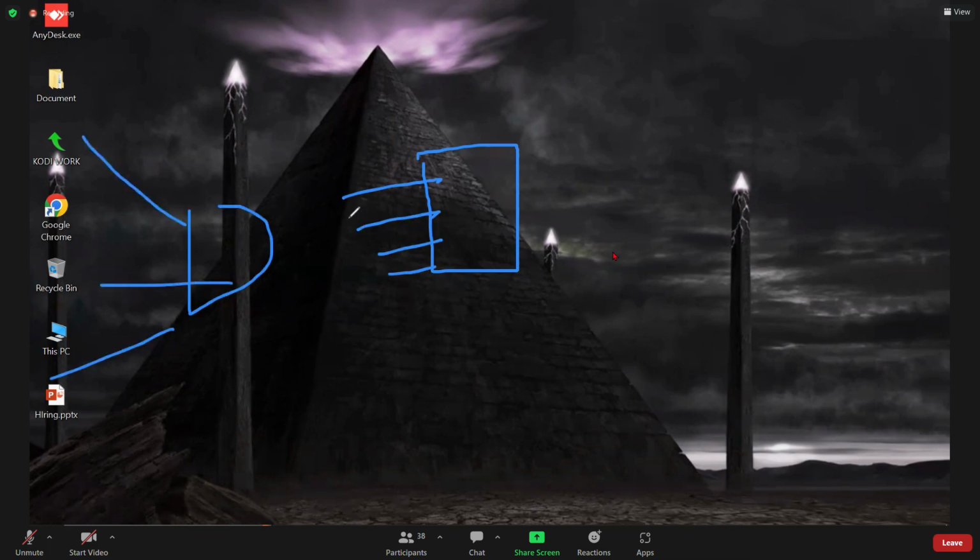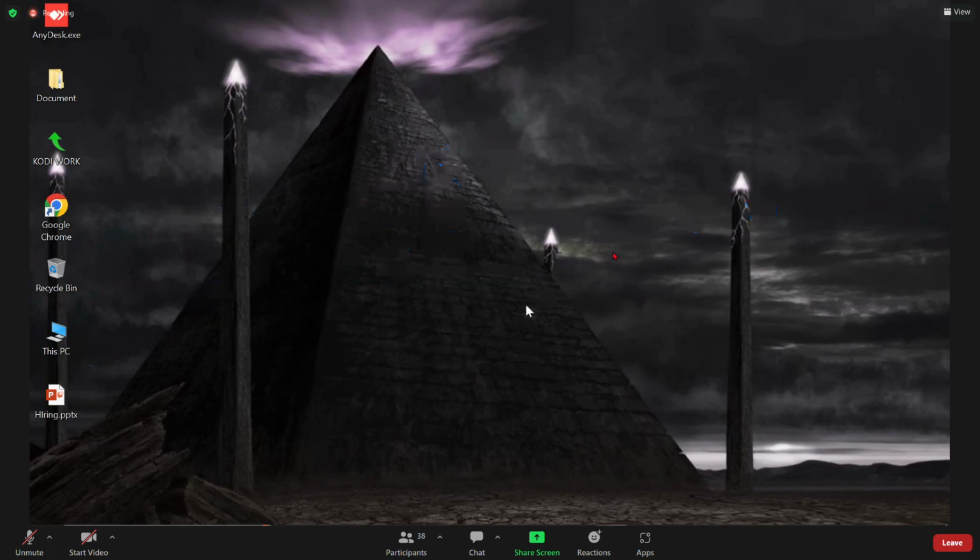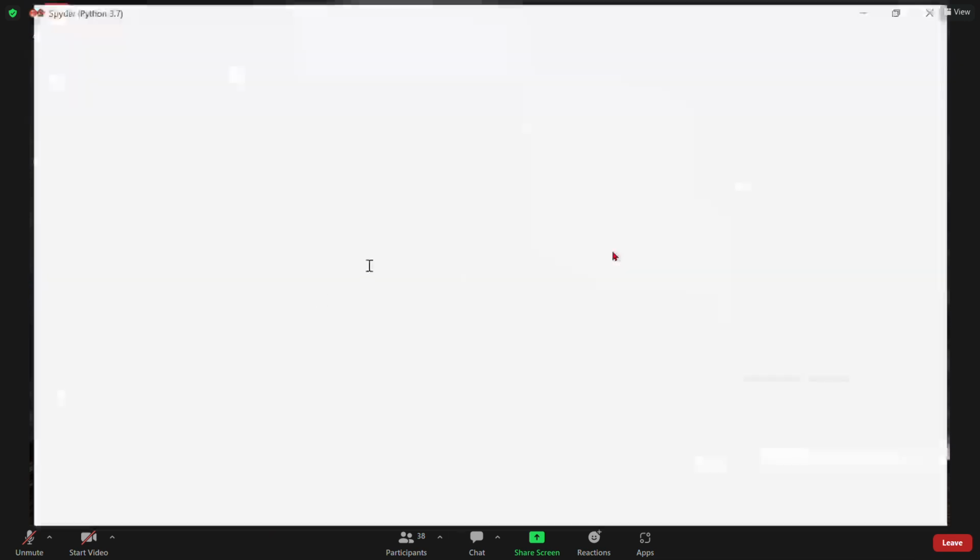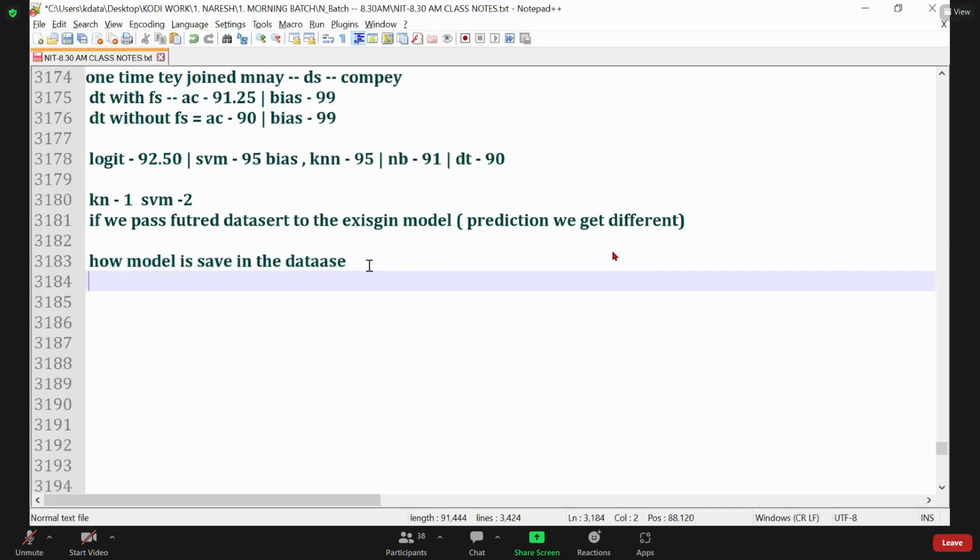Once the records are entered into the DB, you need to design such a code. You need to store your pickle file here. Once you store the pickle file, the moment records are added, the prediction has to pop up here. All those things I'll tell you later, so at the moment I don't want to talk about this. So let's have a look at this. And I think we are done with decision tree algorithms.